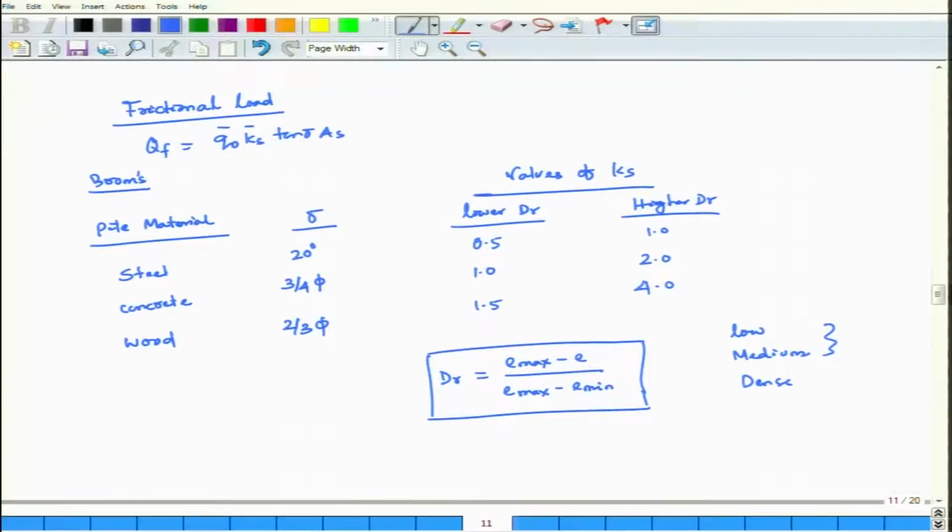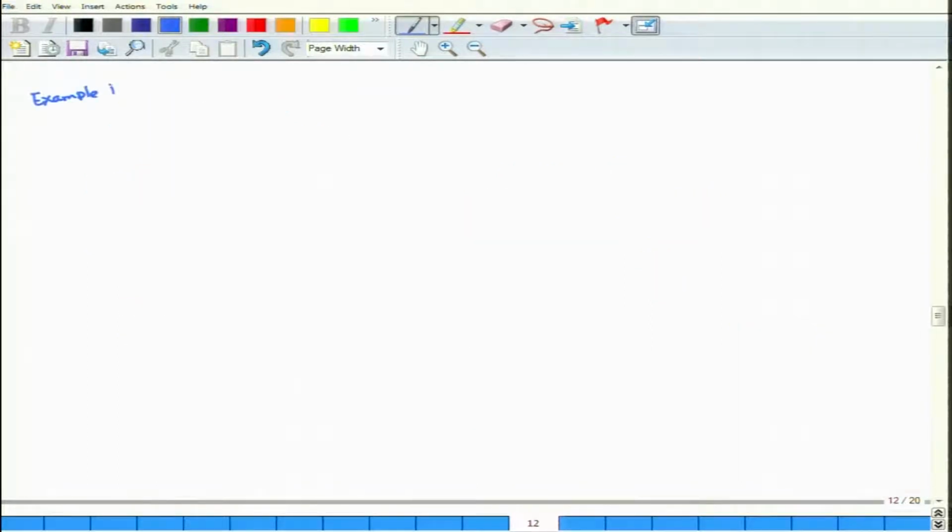Now, we will solve one example. Example 1, this is the case that has been given. Look here. Let me draw the pile. Pile is here. There is a water table here. Then here it is 1.5 meter.